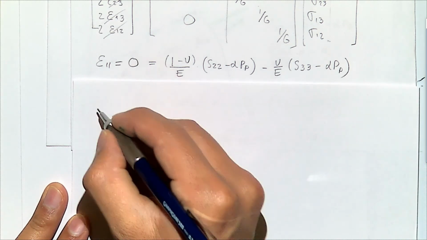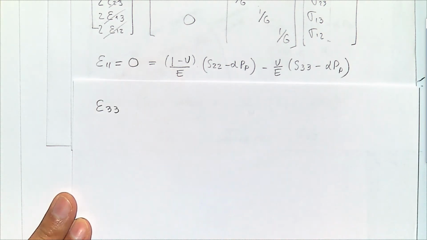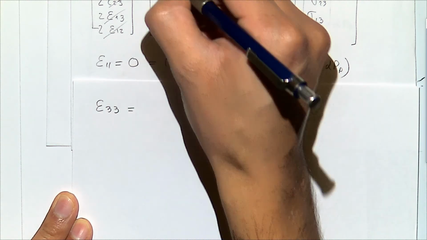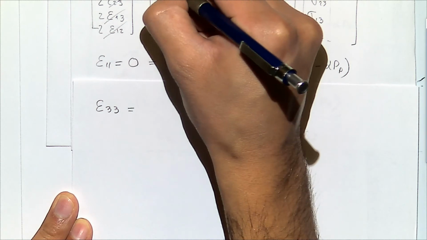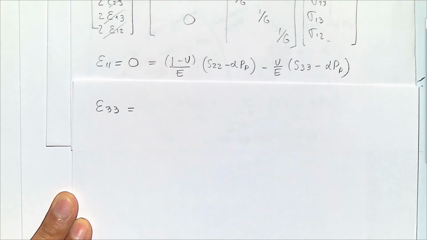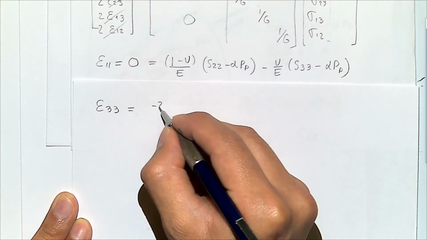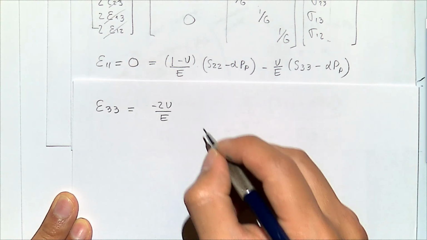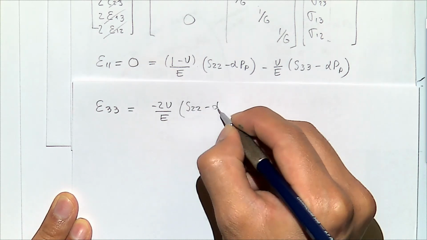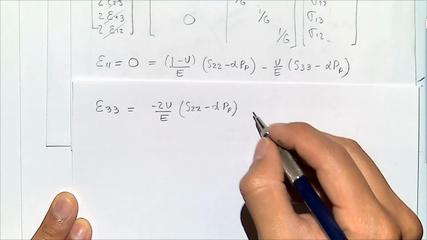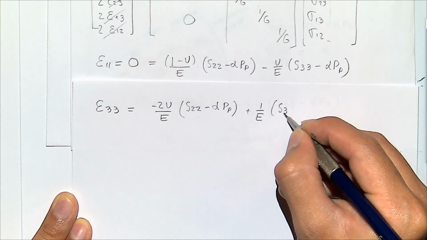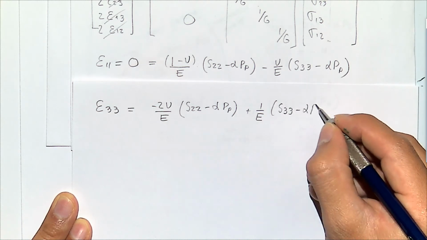So the third equation tells me that epsilon 33 is equal to, remember that this is symmetric, so it's going to be minus 2 Poisson ratio divided by modulus E, S22 minus alpha pp, plus 1 over E, S33 minus alpha pp.